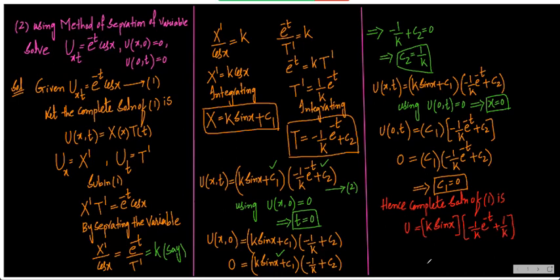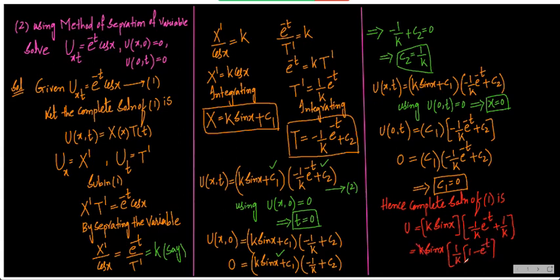1 by k we can take common. k sin x into, if I am taking 1 by k common, left over is 1 minus e power minus t, correct?